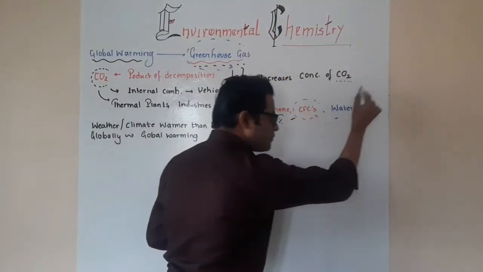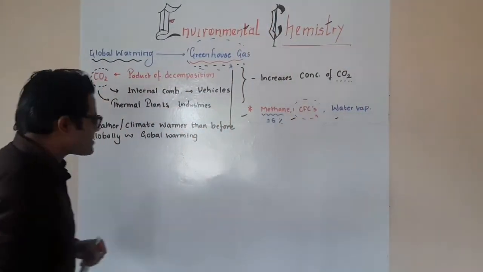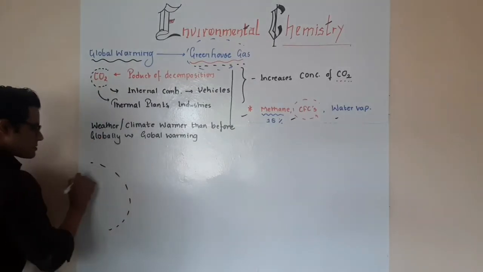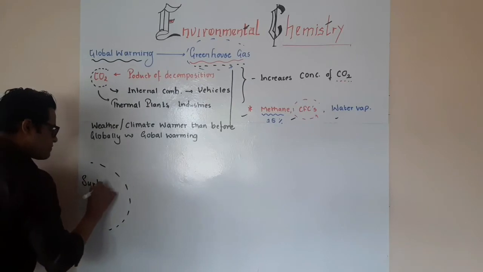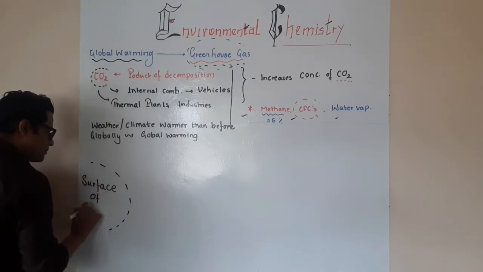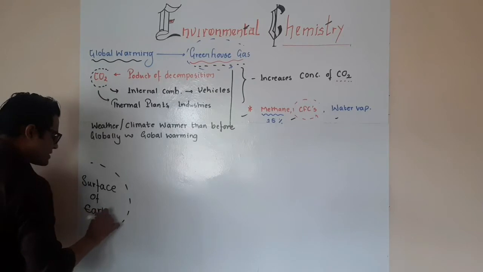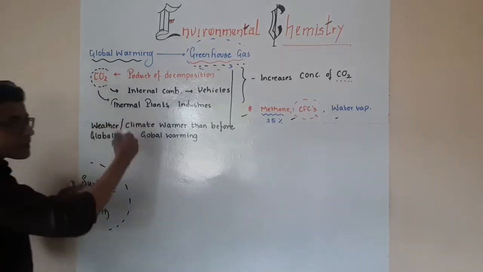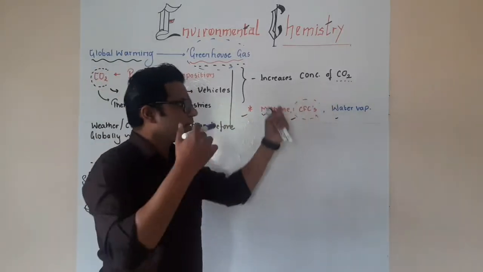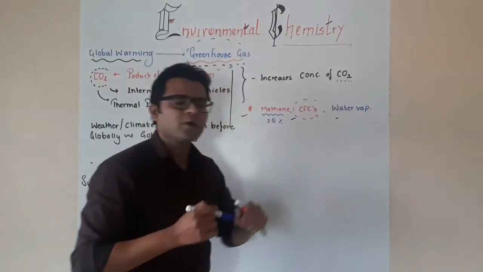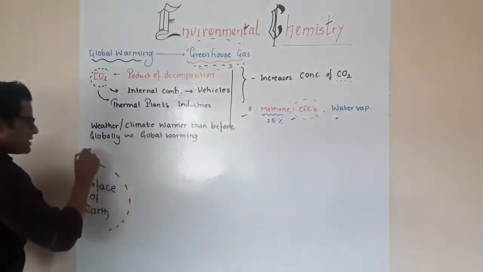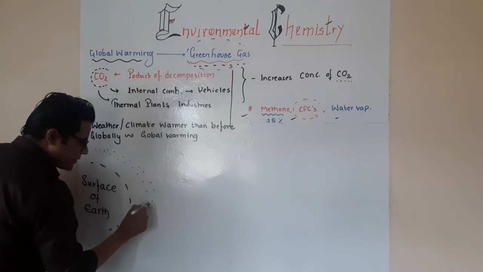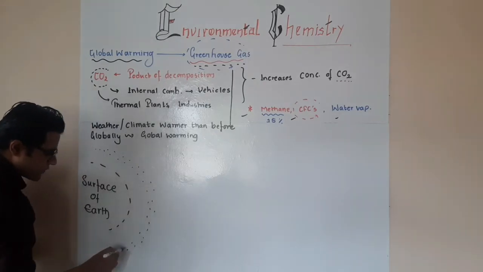So now what exactly happens is, let us consider this as the surface of Earth. Due to continuous release of carbon dioxide, CFCs, methane or water vapors, these gases tend to get accumulated over here, into the atmosphere.